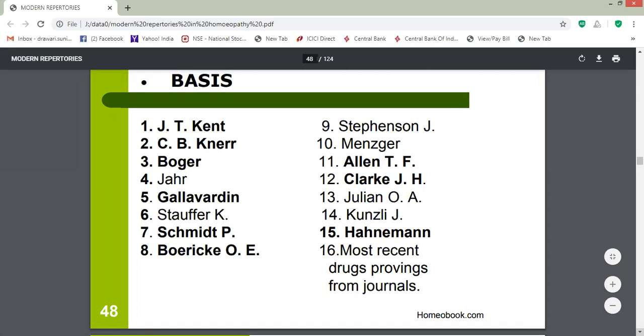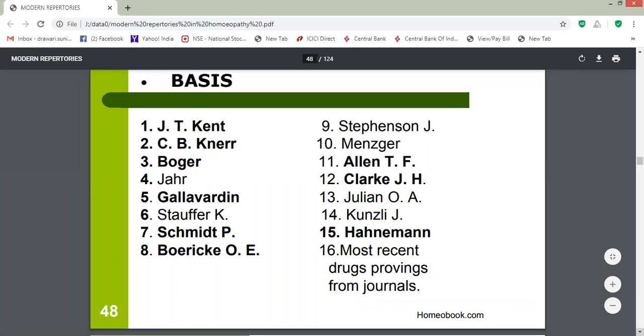On which basis was this repertory built? About 16 books are there, and whatever the authors felt was important from them, they included in this repertory.